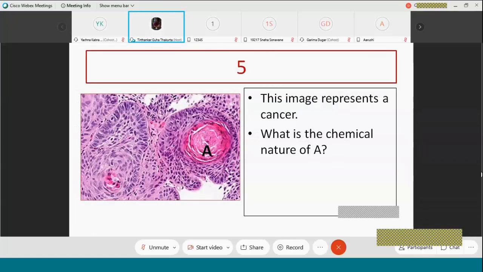What is the chemical nature of A if this represents a cancer? A is a pink substance. So what is the chemical nature of A? A is typically keratin. So that means it's a keratin-secreting tumor, probably a squamous cell carcinoma.